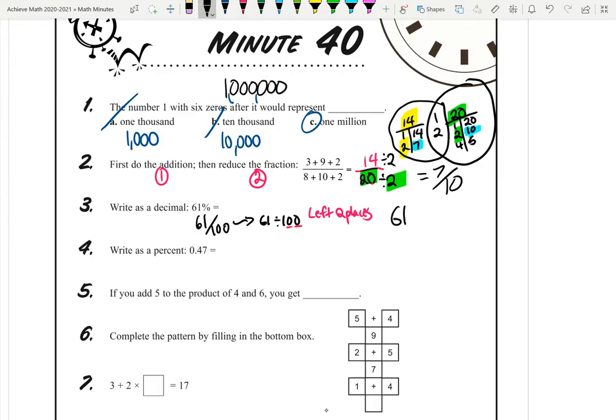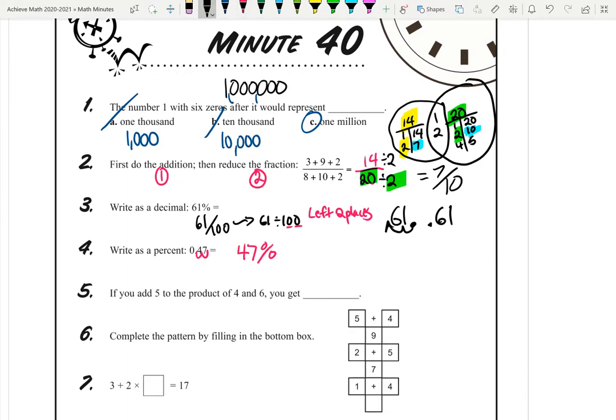So 61, the sentence at the end of it is a period. 61 point, I go left 2 spots, and I'm left with 0.61. Likewise, to turn it into a percent, you're going to do the opposite. You're going to move it 2 spots over. So it's going to become 47. And then I add the percent sign. The decimal is there, but I omit it because it looks cleaner without it.